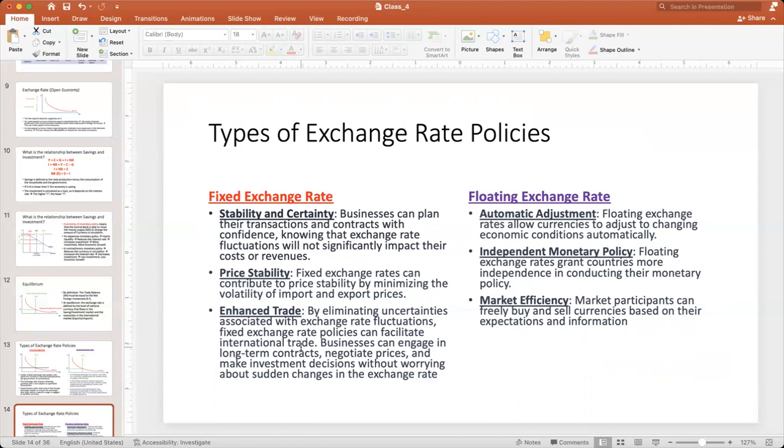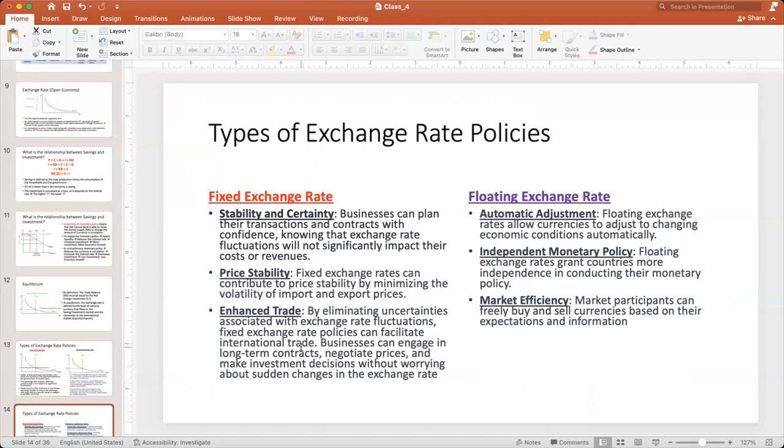And if there are any, they know for sure that the government or the central bank will intervene to return the price to the fixed level. Based on that, there is price stability.